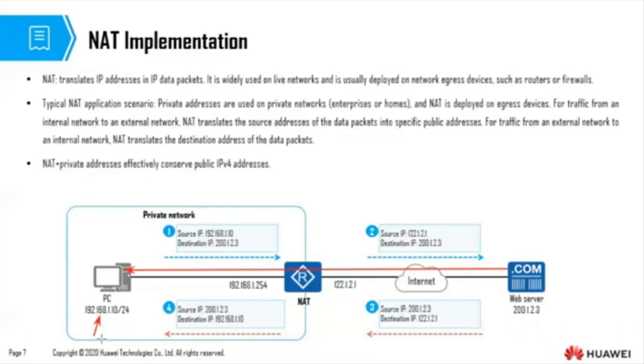That cannot happen because, number one, private IP addresses cannot be routed on the internet. Number two, we don't have that mapping here really. So that's how people on the public network cannot reach our private internal network, which is using private IP addresses. So I hope that is clear.